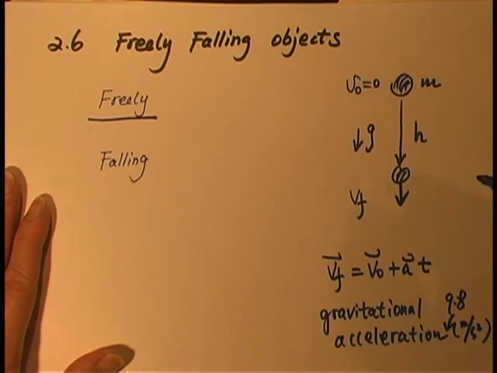That is because the cross-section of the leaf encounters a lot of air resistance. That air resistance compared to the weight of the leaf, which is the Earth's gravitational pull, is significant. Therefore, the acceleration downward on the leaf is much, much smaller.